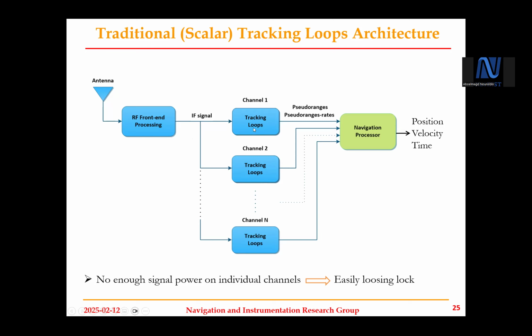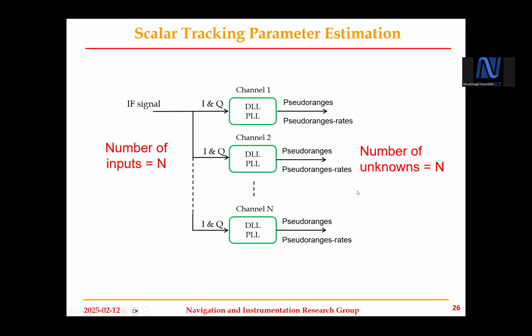And what happens if we lose lock? We need to repeat the acquisition, especially if we lose the signal for a long time. So here, the number of inputs depends on the number of channels, right? If we have n inputs here, the number of unknowns is equal to that.